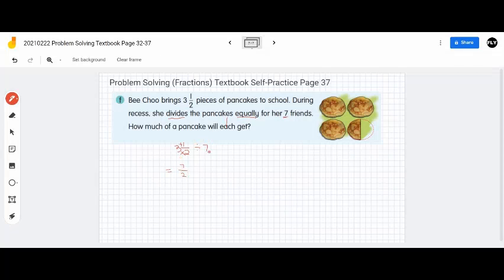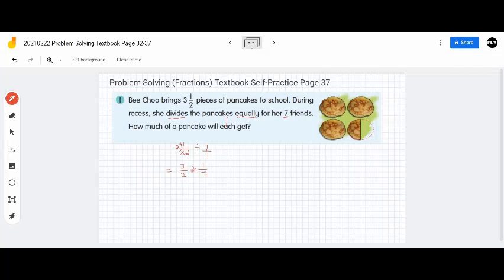The whole number 7 you have to change to a fraction, which is 7 over 1. So this is divide by 7 over 1. Change the operation to multiply. After you change it, 7 over 1 will become 1 over 7.